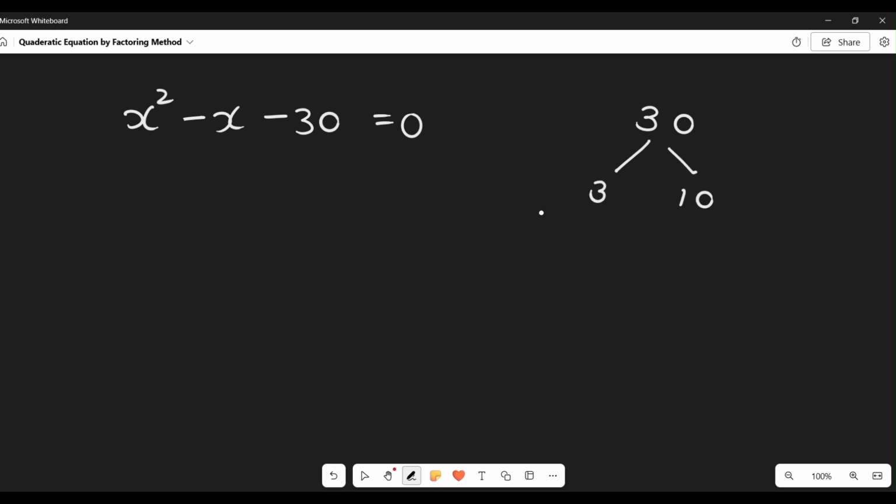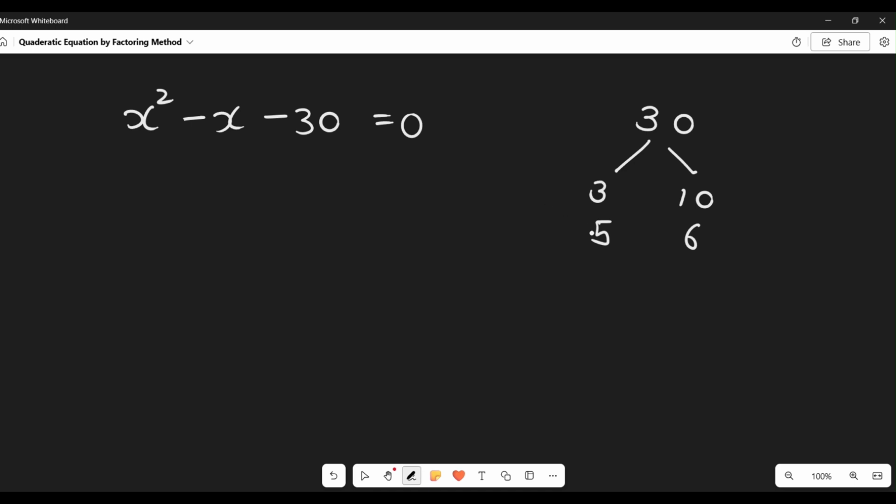Let's take another example. x² − x − 30 = 0. Now here you have to factor 30 in such a way that their sum will be −1. So let's see, 30 we can write as 3 multiplied by 10 or 5 multiplied by 6, right?